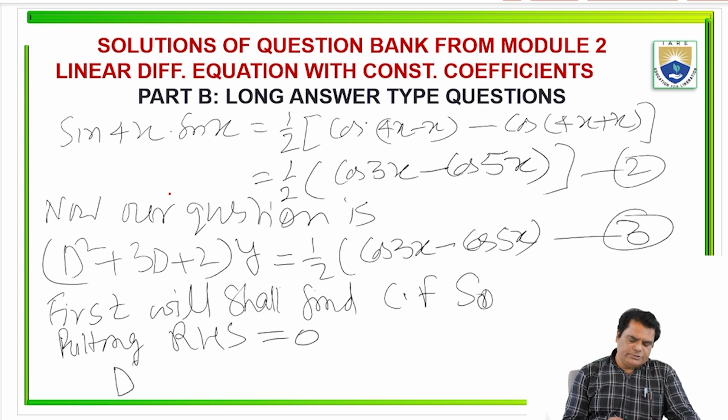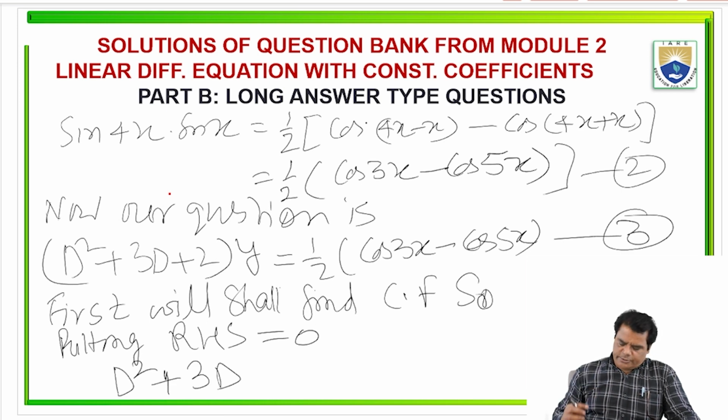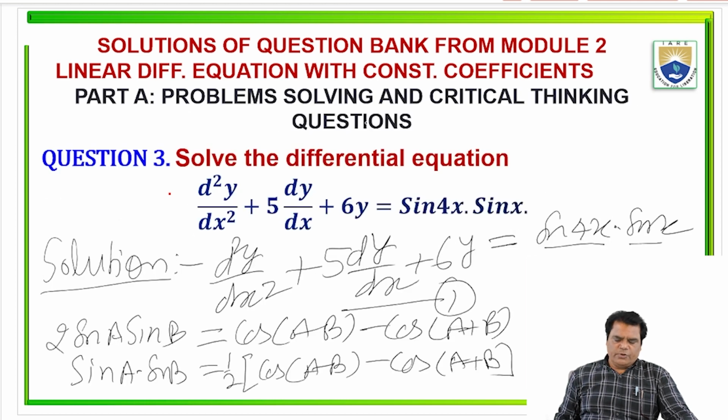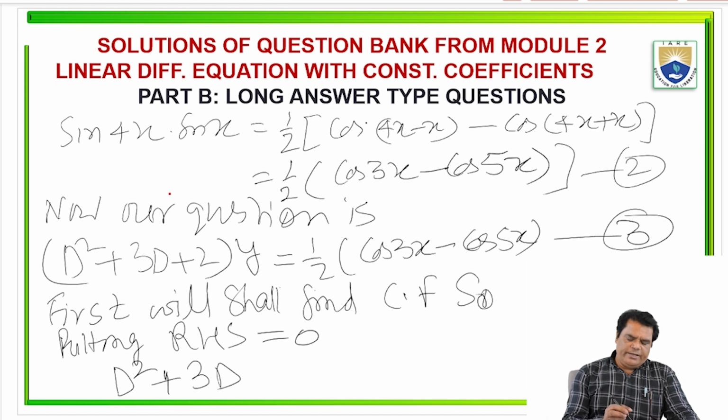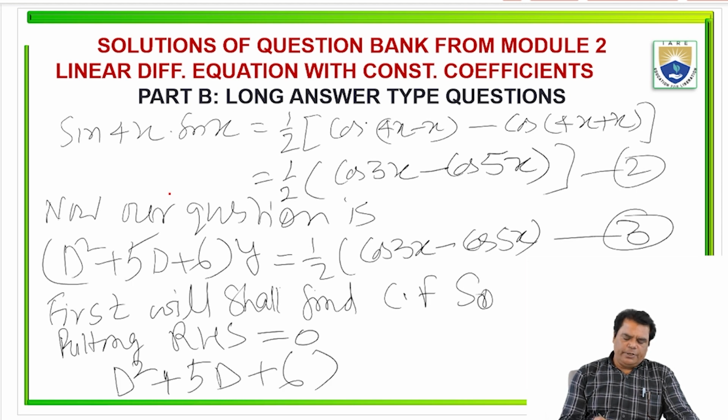Then we get (D square plus 5D plus 6) into y is equal to 0. This is equation number 4.